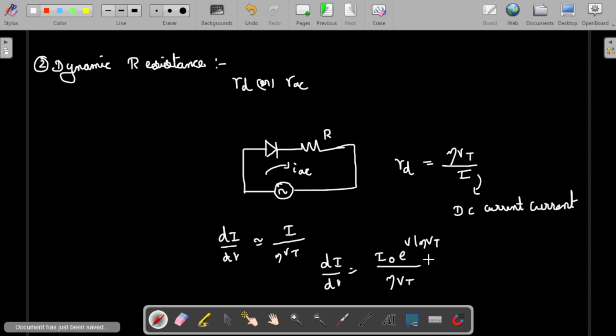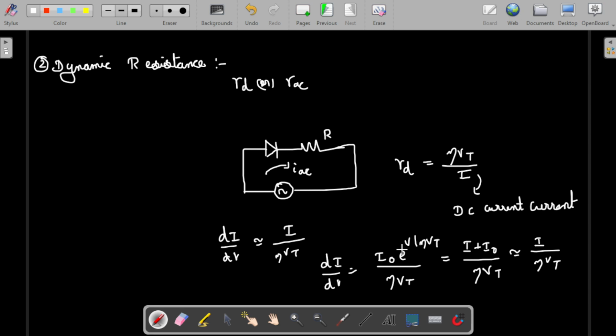If we differentiate this thing, we will get this. So this can be written as I plus I naught divided by eta VT, because of the saturation current I naught as well as the I which is flowing through the diode. So that is approximately equal to I divided by eta VT, because I naught will be a very small current, right? So that's why.